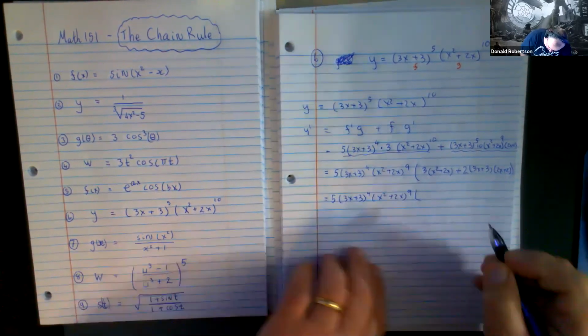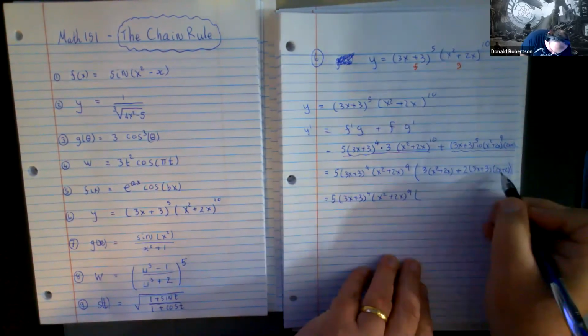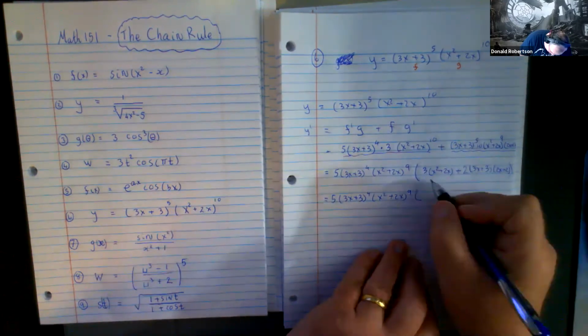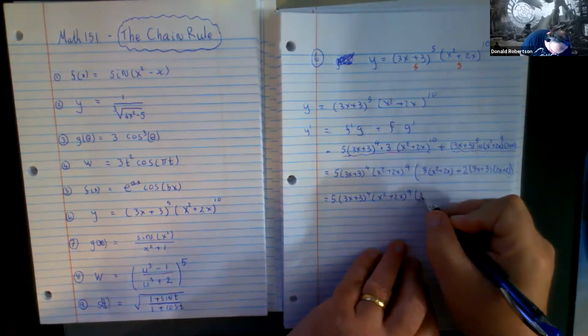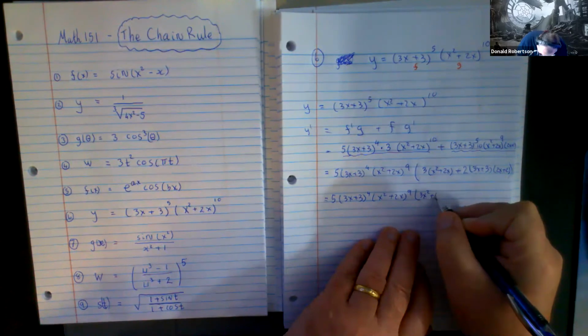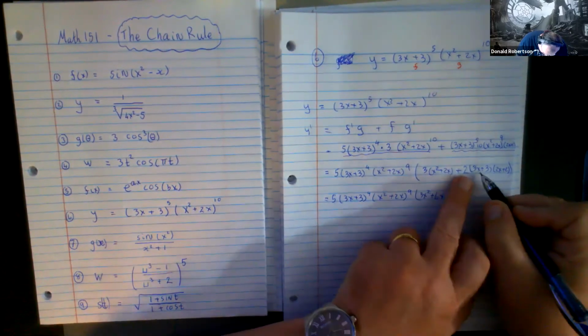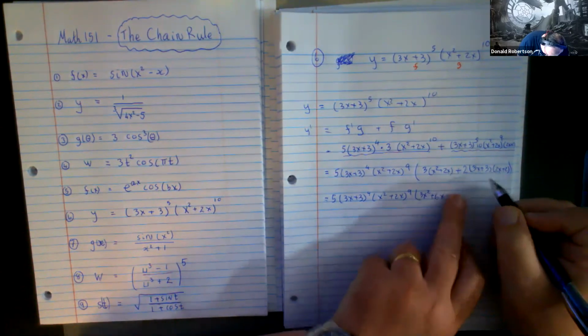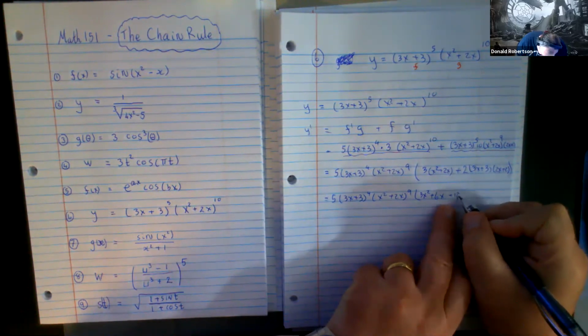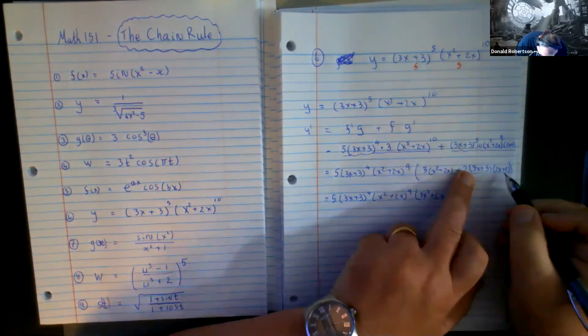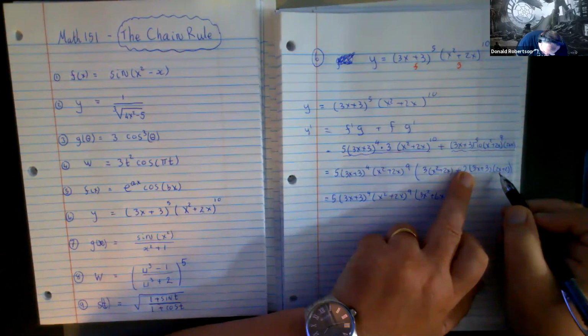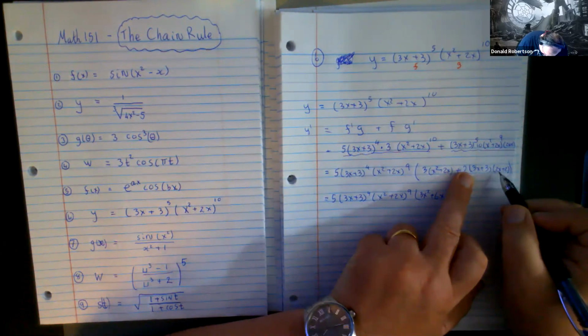I'm going to just distribute this and hopefully, no, we'll see what we get. I'm going to get 3x squared plus 6x. 3 times that is 6x squared, but you double it. 3 times that is 6, 3 times that is 6, it's 12, and then you double it.